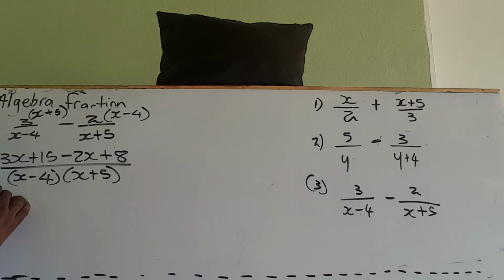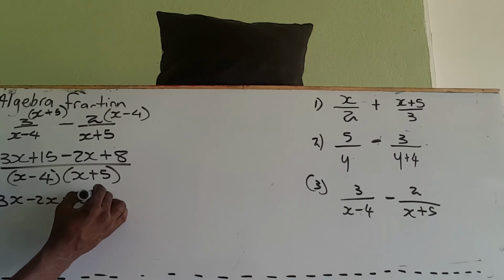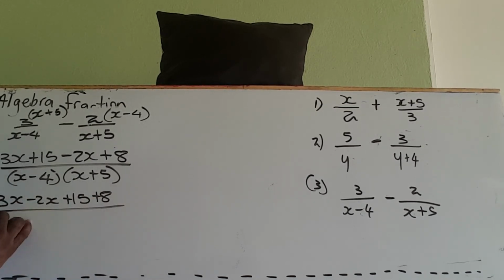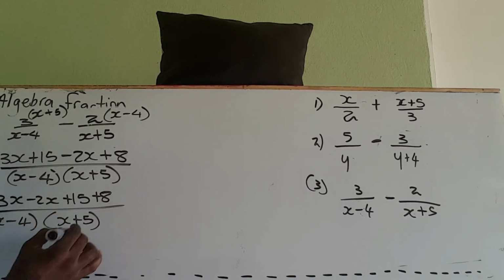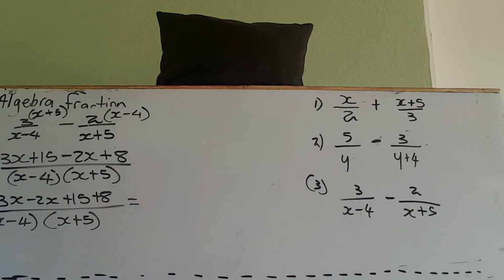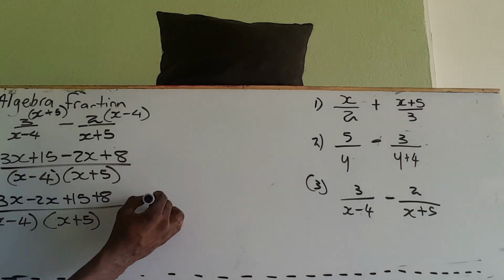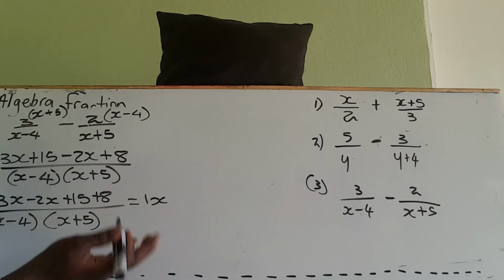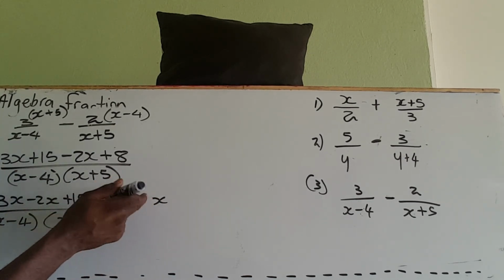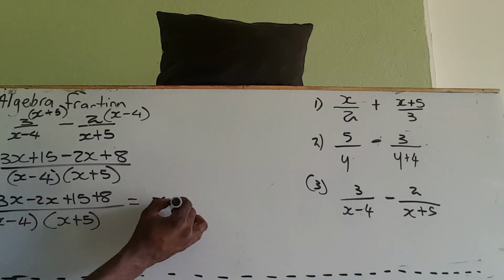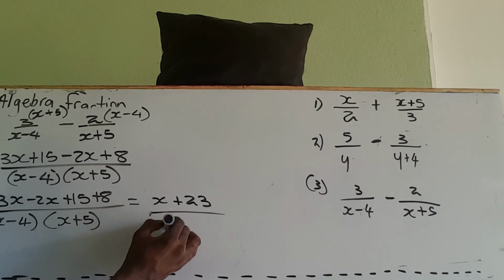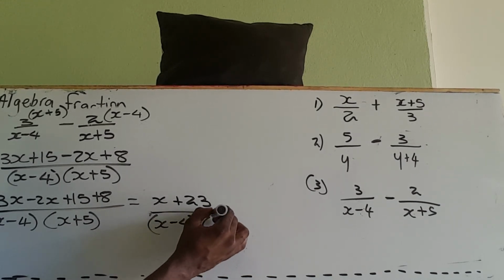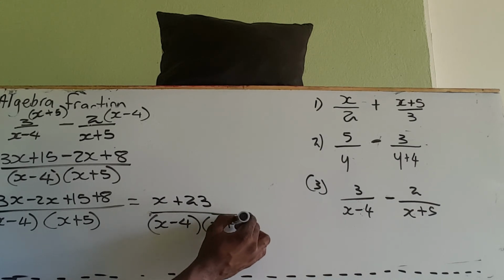Now, after this, we could collect our like terms. So the 3x minus the 2x plus the 15 plus the 8 all over x minus 4 multiplied by x plus 5. And then from here, we could do our last simplification. 3x minus 2x is going to give us x, or some people may say 1x, but I'm not going to write the 1, but we understand it's 1x. 15 plus 8, and that is 23, all over x minus 4 into x plus 5.